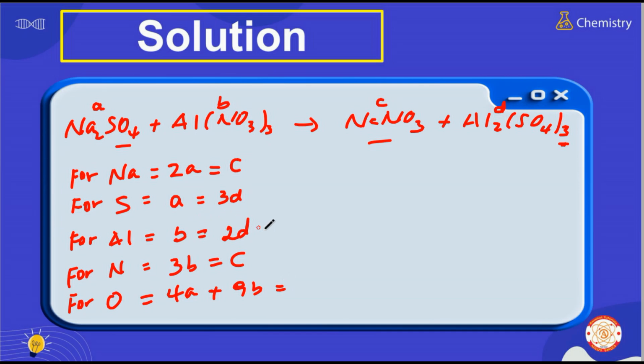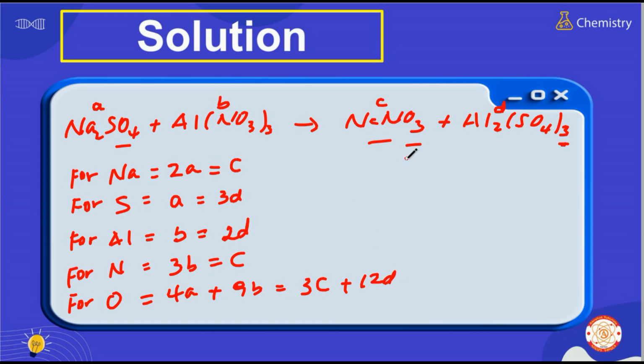Alright, and then similarly, how many oxygen atoms do I have on the product side? I have 3 here, which is 3C, plus, how many do I have here on this? 12D.